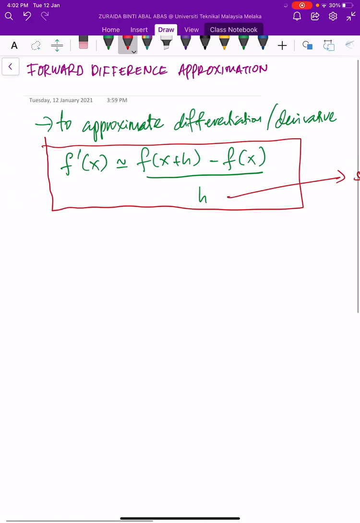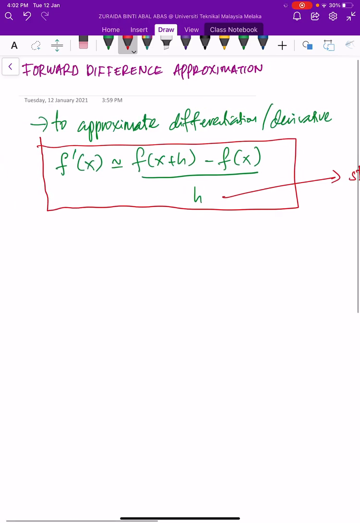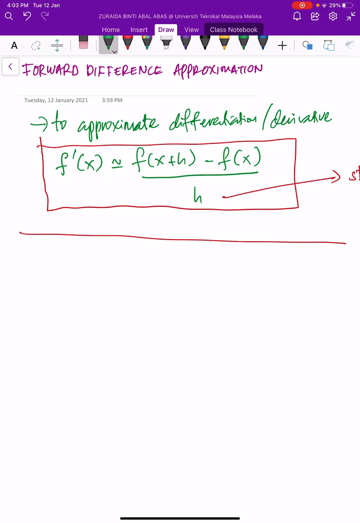Okay, I'm going to show you how to use this formula with one example. Let's say we have an example here.